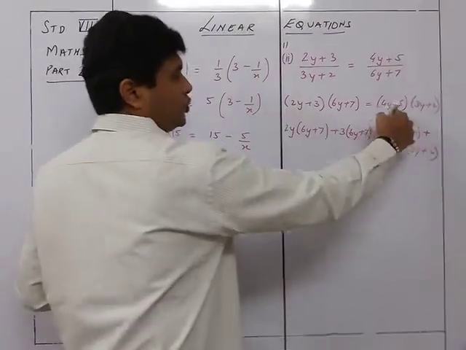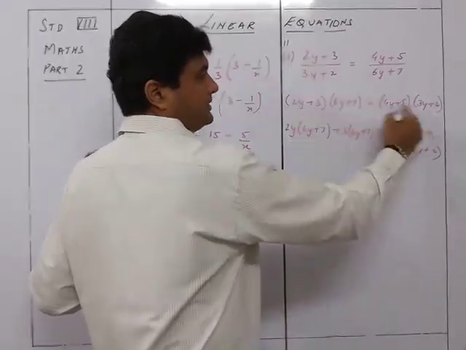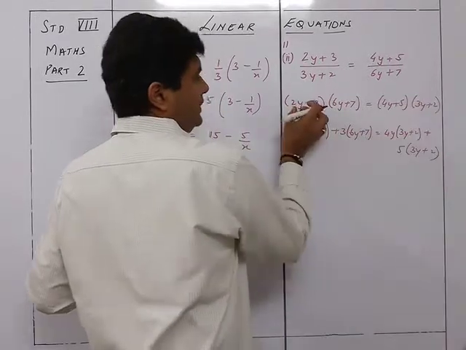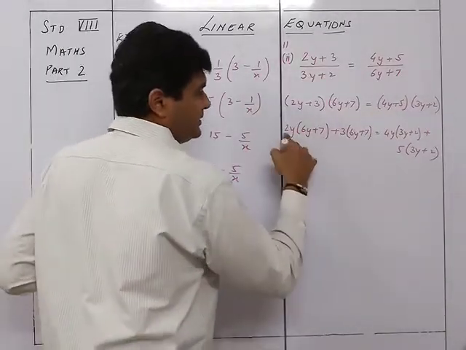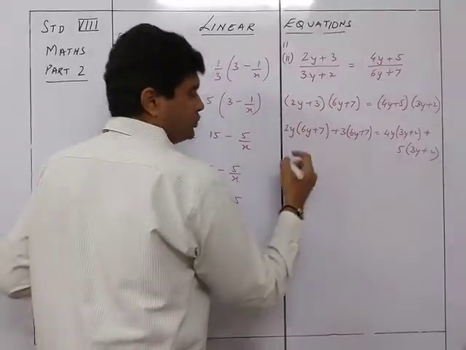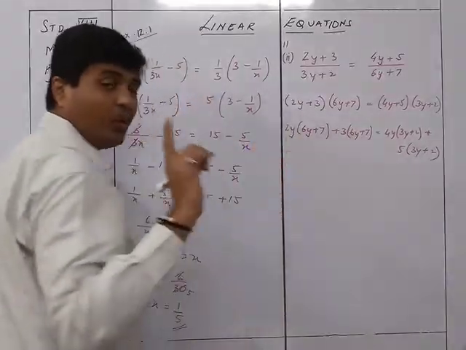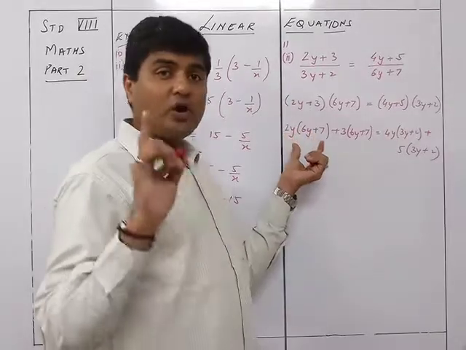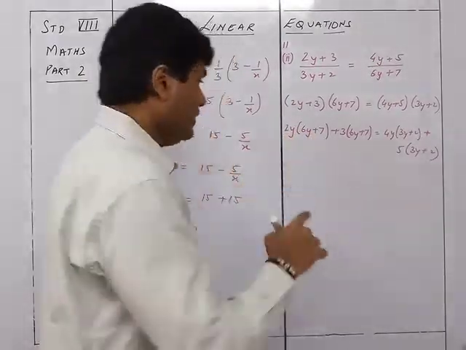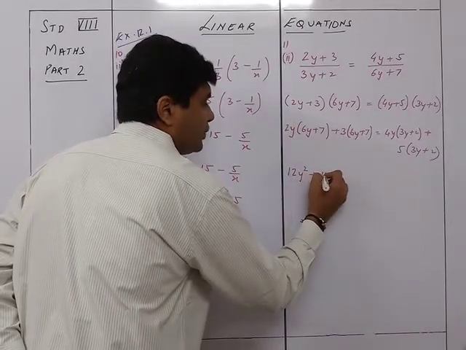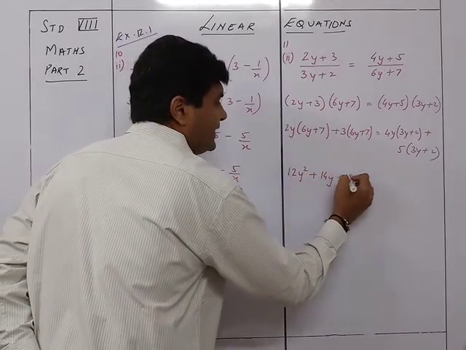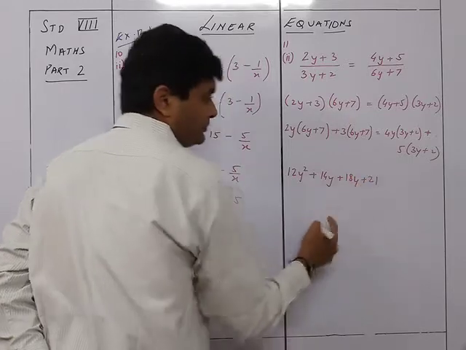Splitting this into two parts: 2y into the whole thing, 3 into the whole thing. Multiplying this, 6 into 2 is 12, and y into y is y square. Now remember this thing, y into y is y square. So you get 12y square plus 14y plus 18y plus 21.